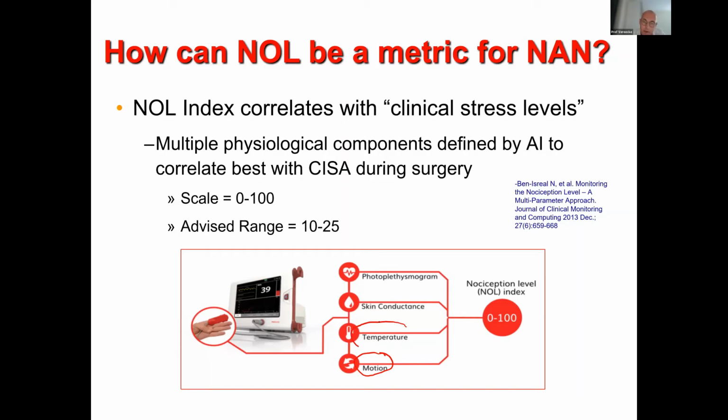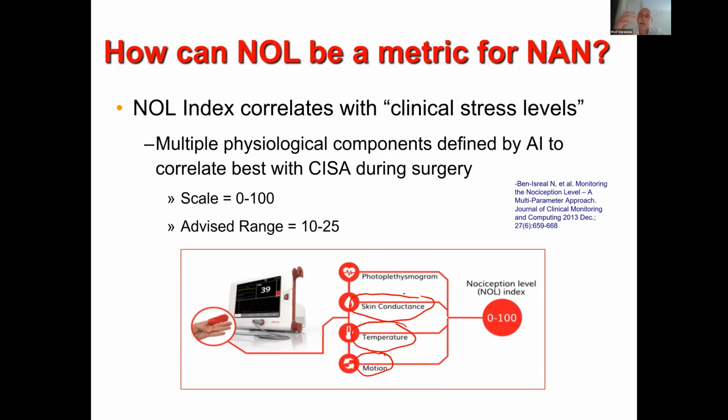The temperature of the skin was measured. There's a sticky part on the finger probe where you can measure the skin conductance. And also the photoplethysmogram is measured. And from that photoplethysmogram, more than 40 different parameters were quantified.